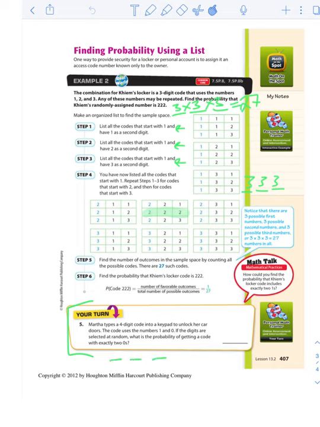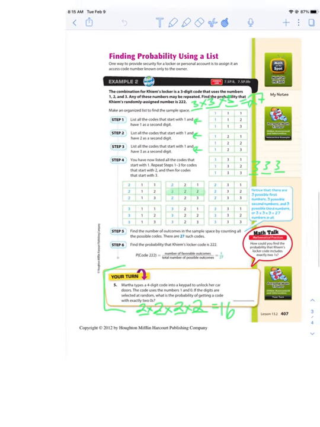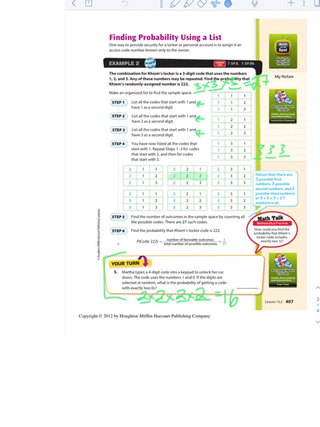So there's 4 digits. There's 2 options for each digit. So 2 times 2 times 2 times 2. That's 16 possible. And then I need to try to think of all the possible outcomes that have exactly 2 zeros.